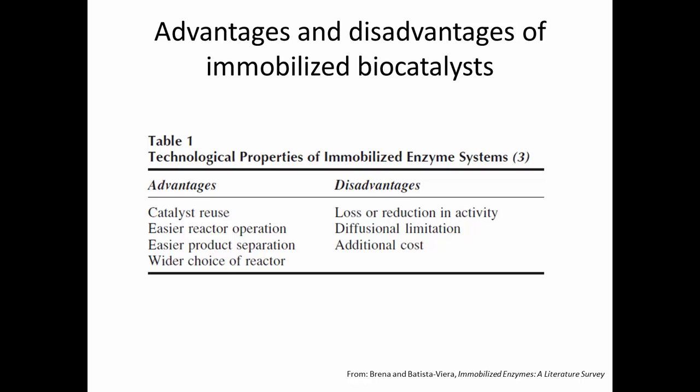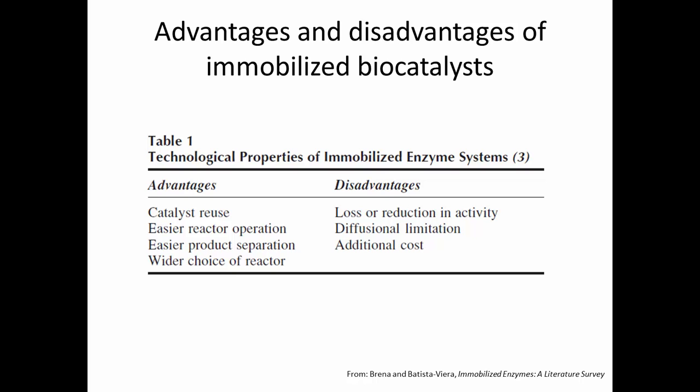There are advantages and disadvantages, of course, as in everything else, of immobilized catalysts. One of the big advantages is that you can reuse the catalyst. We can flow our substrate plus buffer or growth medium through a column packed with immobilized biocatalysts, and we can continue to reuse the catalyst for a lot longer than we could if we were using live cells.